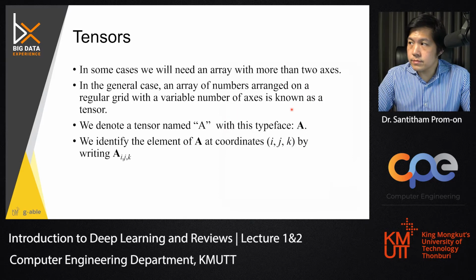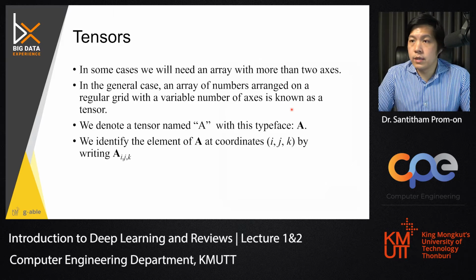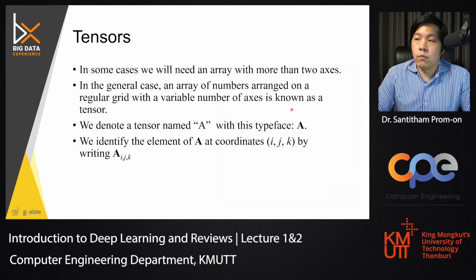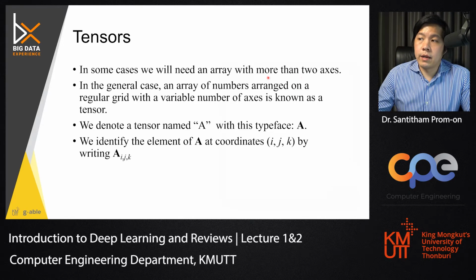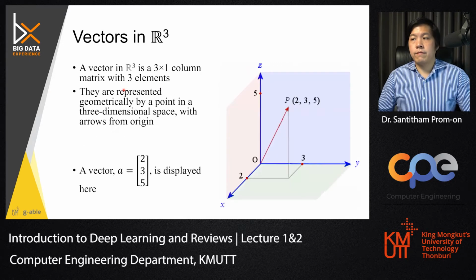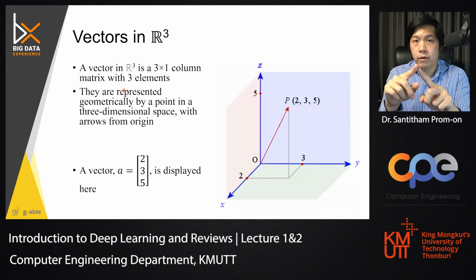Now, in some cases, you need more than just one direction. You need more than just one vector, more than just one x. Sometimes you need an array with more than 2 axes. Suppose that we have just a point.